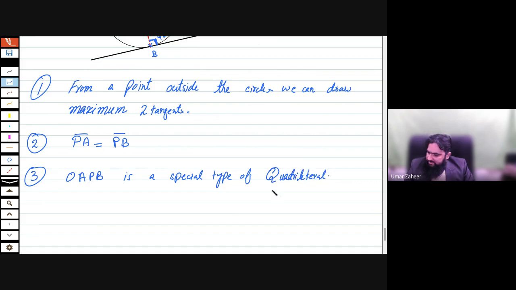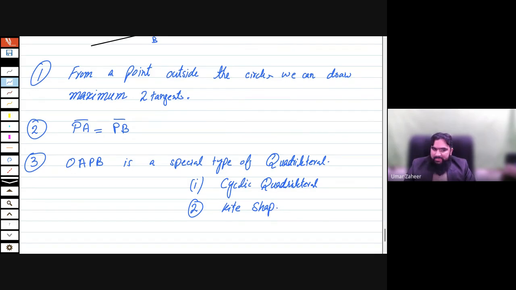And what is special in it? The first thing, it is a cyclic quadrilateral. The second thing is it is a kite shape. Clear?